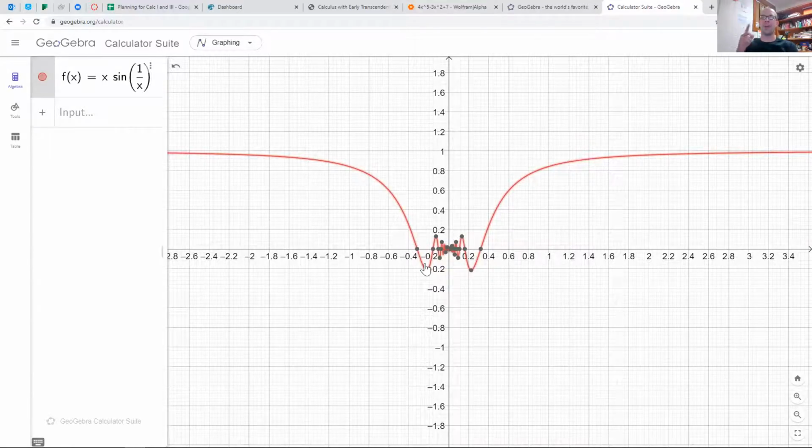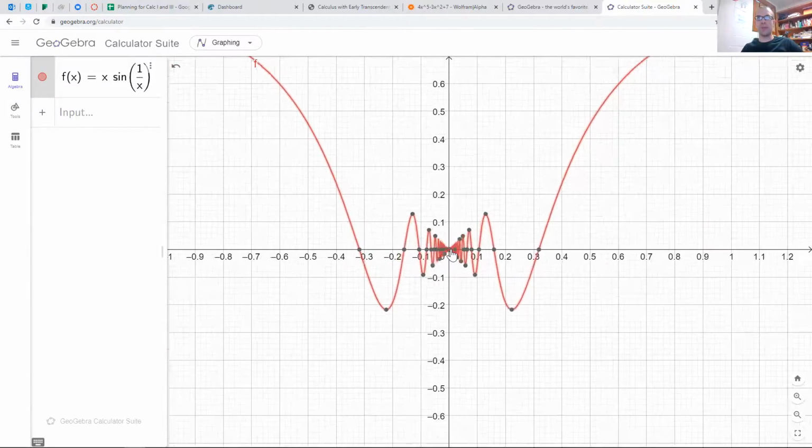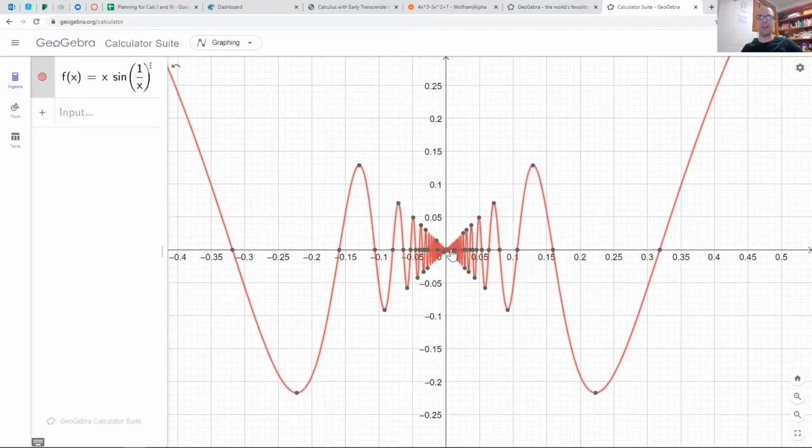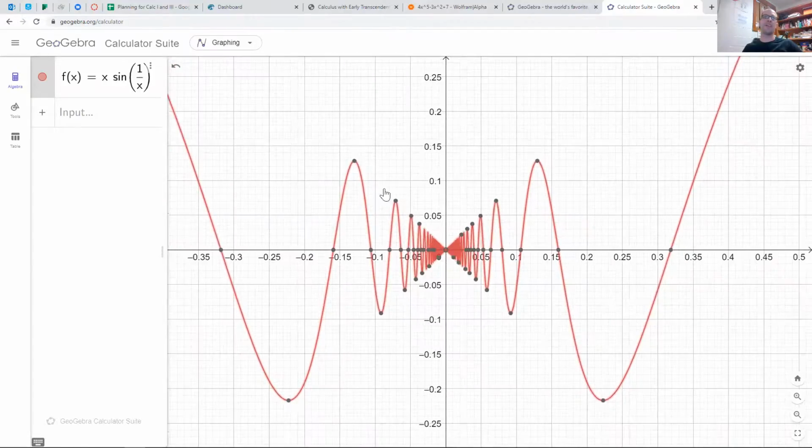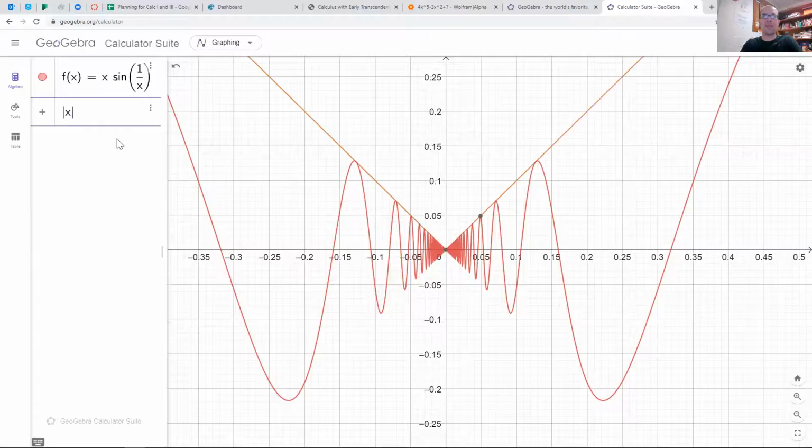But anyways, what we're going to try to do is come up with 2 functions that are more well-behaved, but still would come to a limit of 0. And maybe zooming in would give us a better indication of the kind of functions that we might be looking for. On the top, the absolute value of x is going to work really nice.